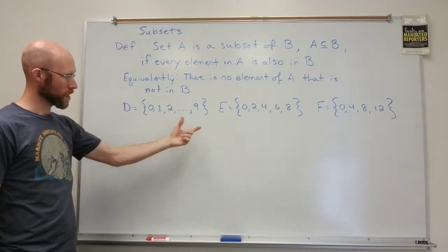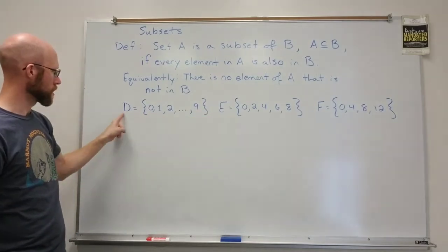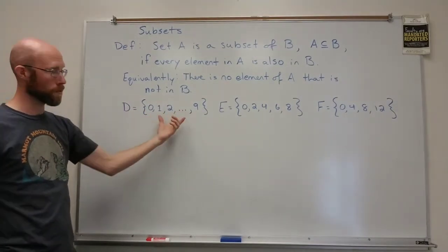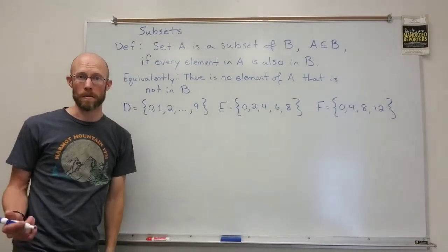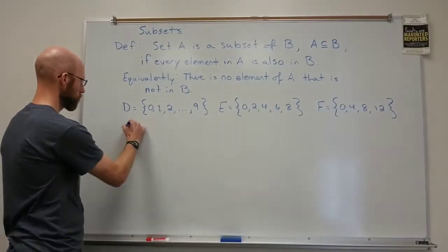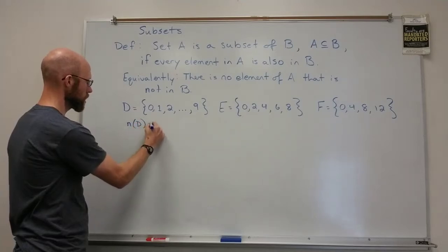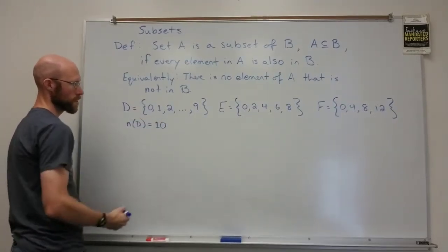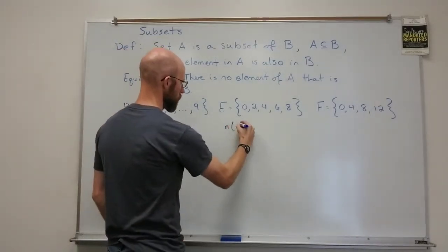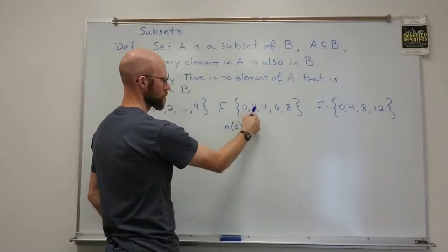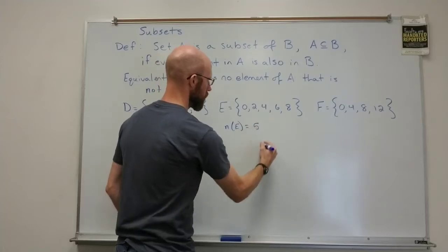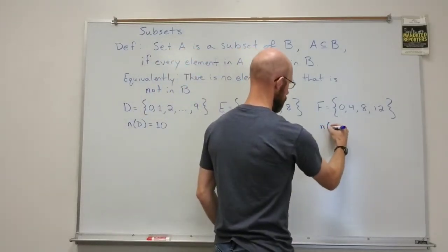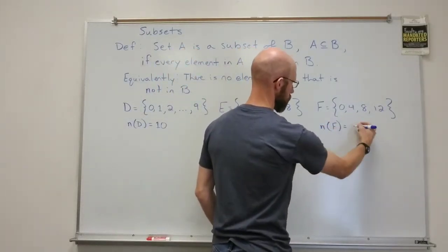Now, as I look at these, D seems to have the most elements. The cardinal number for D is 10; there are 10 digits here. The cardinal number for E is 5, and the cardinal number for F is 4.